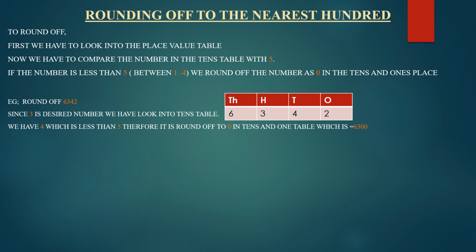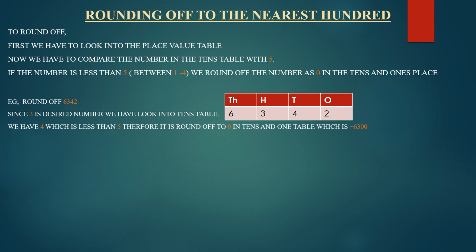Now we have to look into the tens place. We have 4 in the tens place, which is less than 5. Therefore, we round off the tens and ones places to 0, since it is less than 5. Therefore, we get 6300.